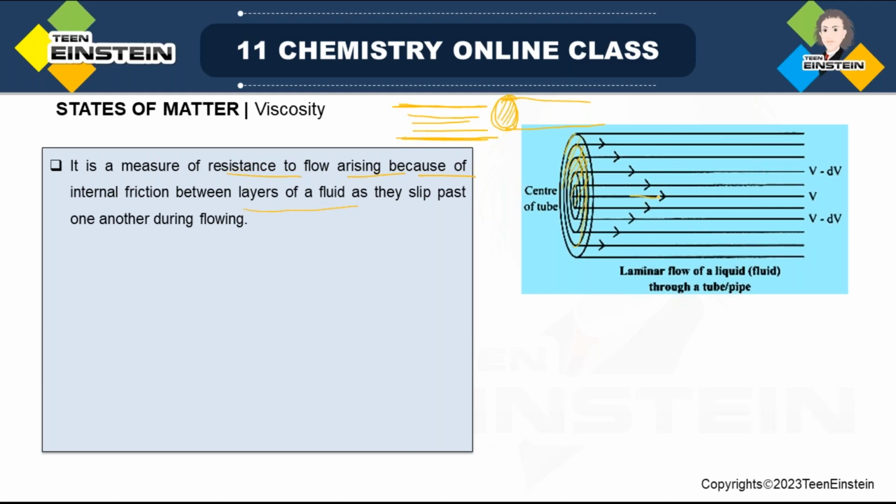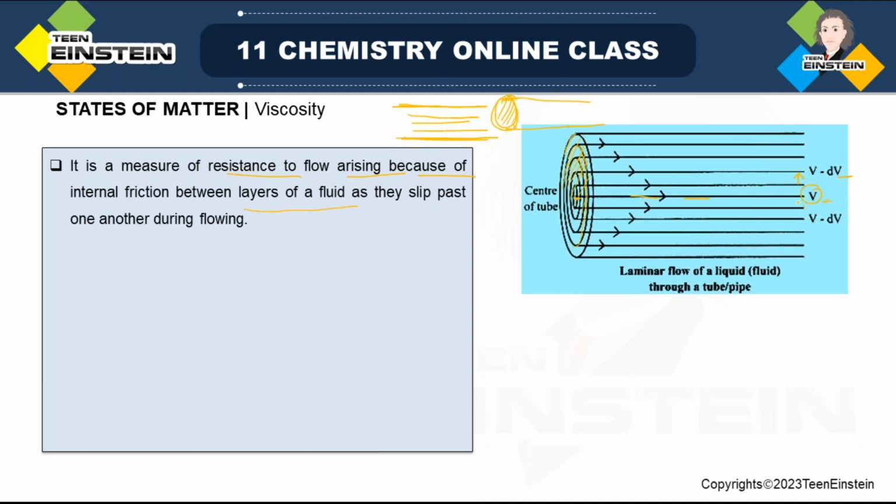Now this layer, which is just inner, the most central one, the velocity is maximum. See, the velocity is v. But with a unit distance difference, it decreases by dV, a very small amount. We have to imagine different layers of liquid.